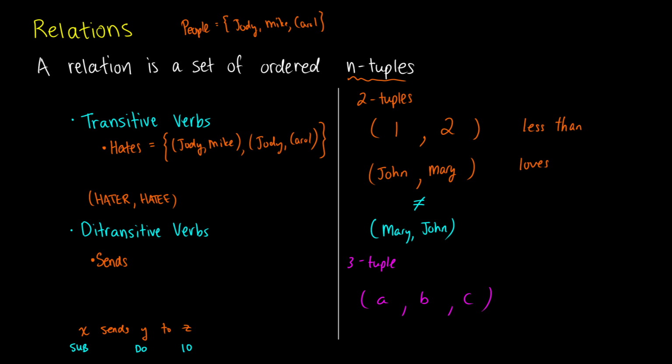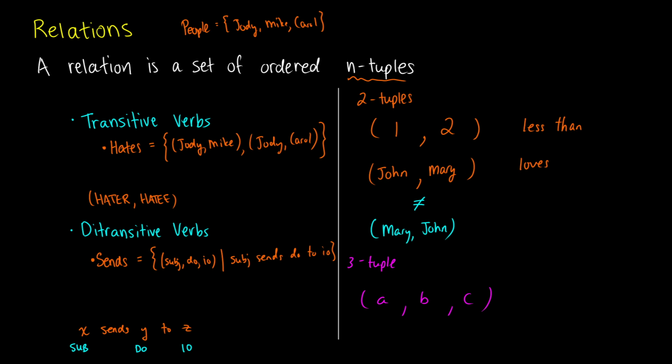So we could think of sends as being a bunch of three-tuples. We could write this as the sets of subjects, then direct objects, then indirect objects, where the subject sends the direct object to the indirect object. This could be how we think about this set.